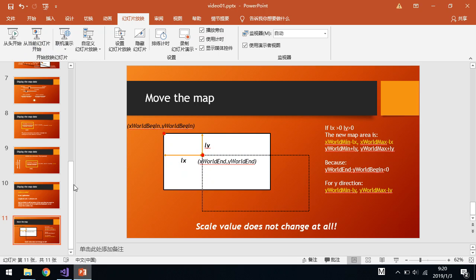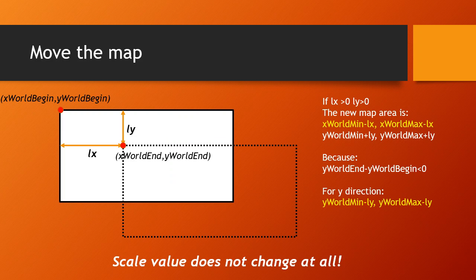Okay, let's go back to the graph and I'll explain the logic. So this is a problem. What happened during our map moving process?